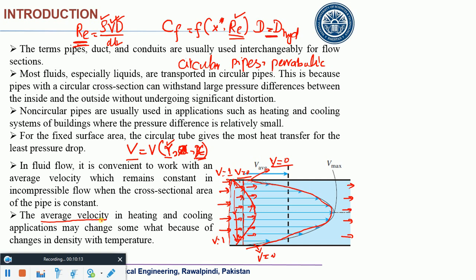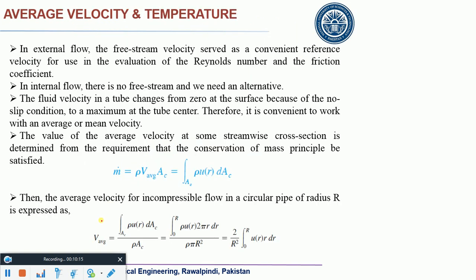How can you find that out? I would remind you of the formula which we used before. So just a reminder, in external flow, the free stream velocity served as the convenient reference velocity for use in computation of the Reynolds number. You remember we talked about that bundle of tubes as well in the last lecture.